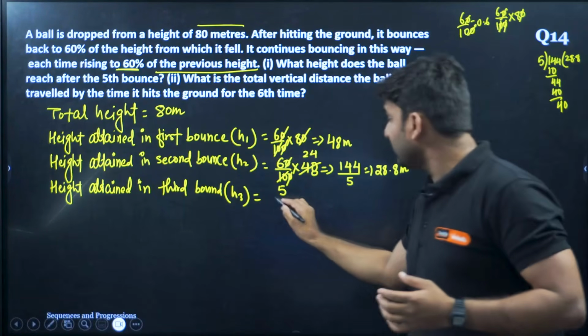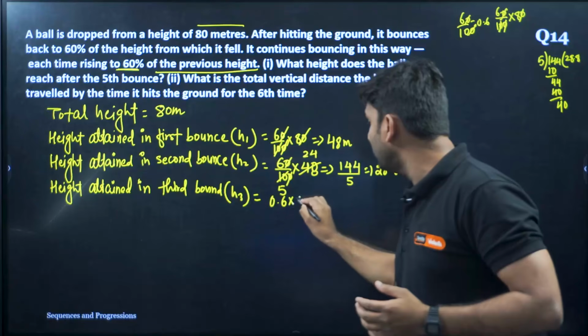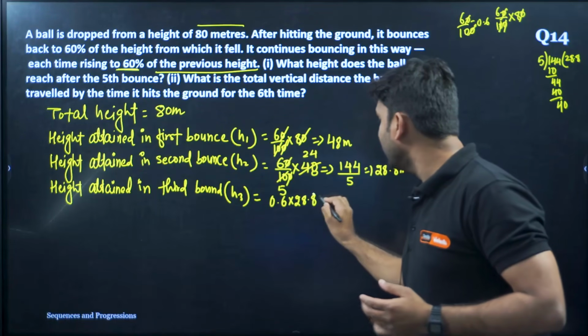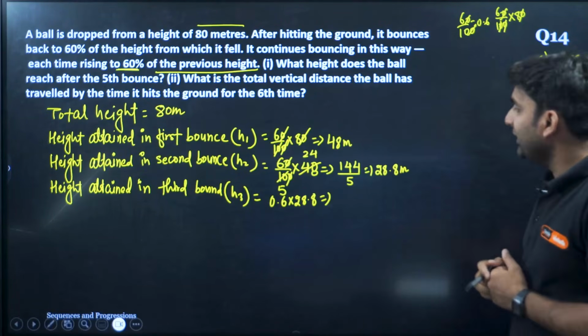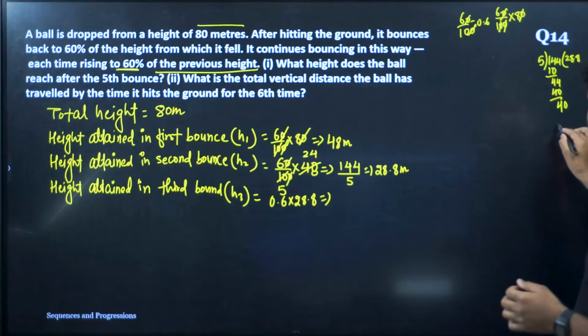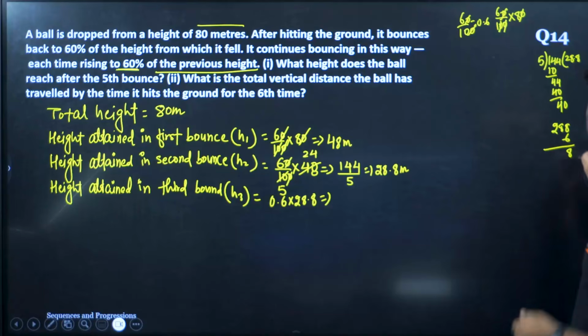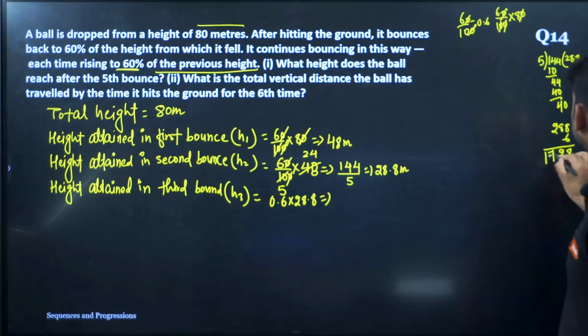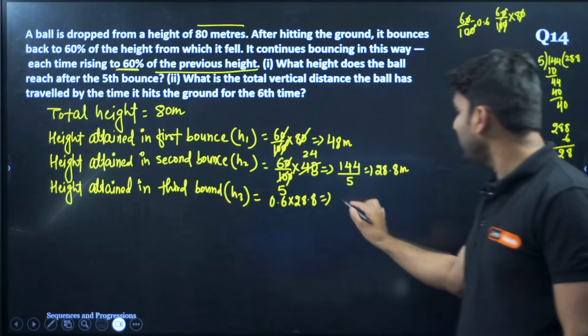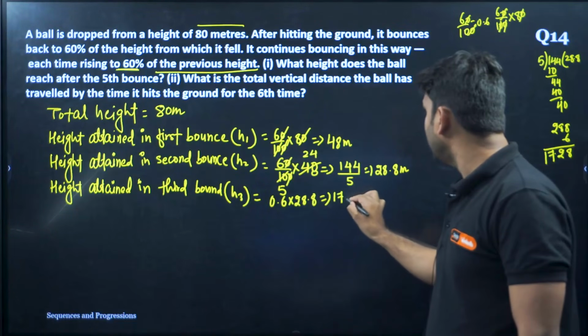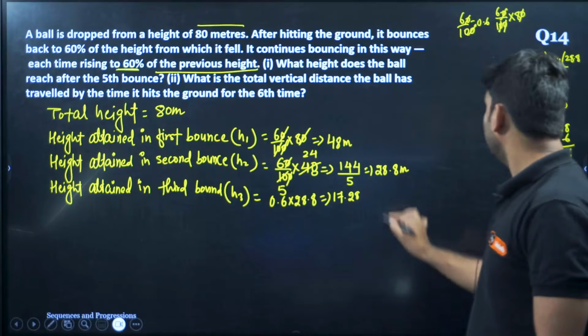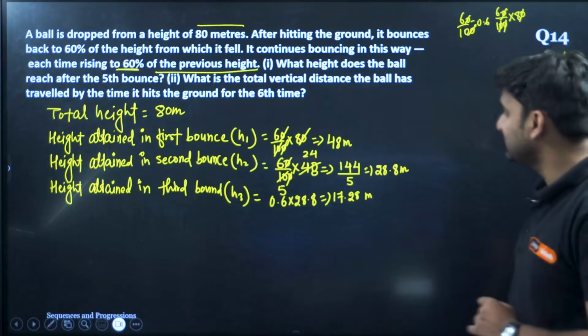So we can directly use 0.6 into 28.8. Let's multiply. 28.8 into 6 gives 17.28 meter. Okay, this is the result.